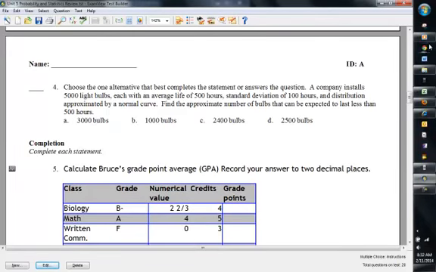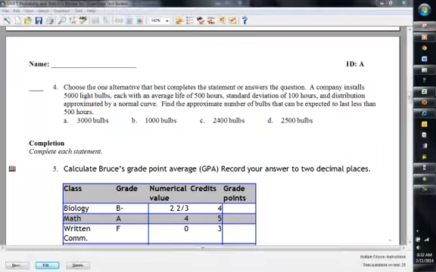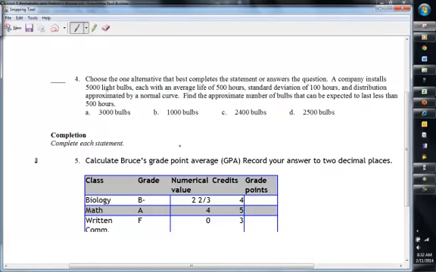Okay, these questions about standard deviation, it's helpful if you have your normal curve. A company installs 5,000 light bulbs with an average lifespan of 500 hours and a standard deviation of 100 hours. So if that's 500, this will be 400, and this will be 600.